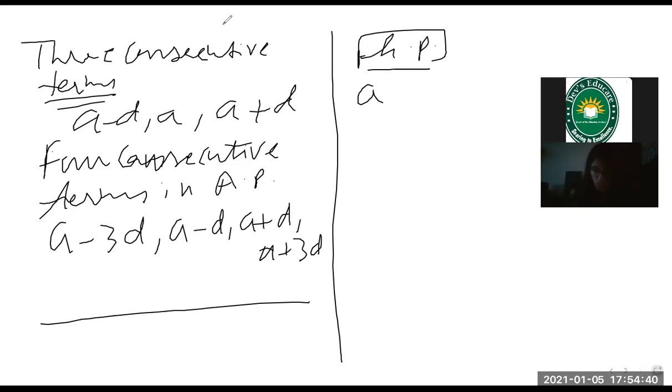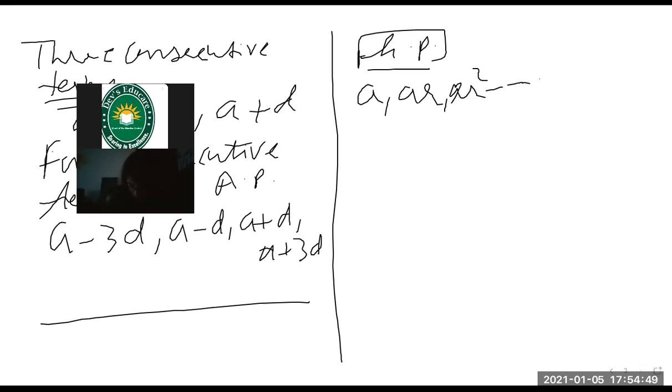So in GP, suppose A is the first term and R is the common ratio, then the terms are A, AR, AR square, and so on up to AR to the n minus 1.